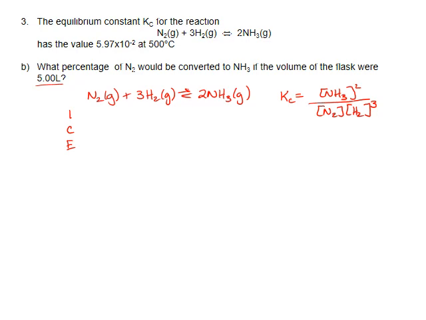So we're still starting with 1 mole of nitrogen gas, but this time in a volume of 5 liters. This gives an initial concentration of 0.2 molar.